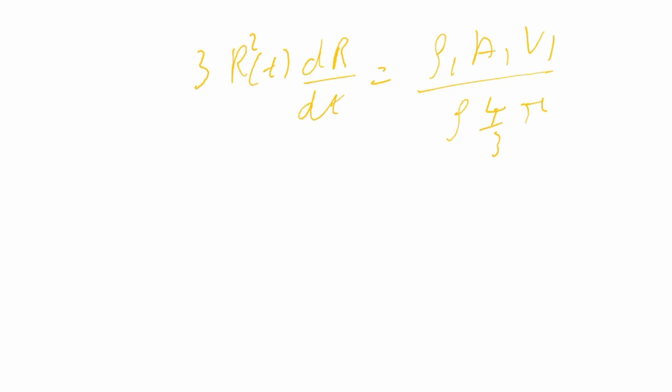Okay, so if you move this around here as well, what you end up getting is a relationship for dr dt, which is the time rate of change of radius, right?